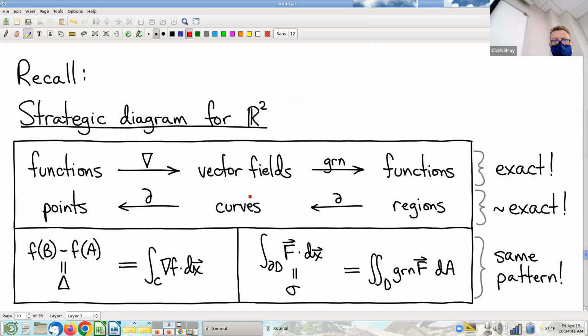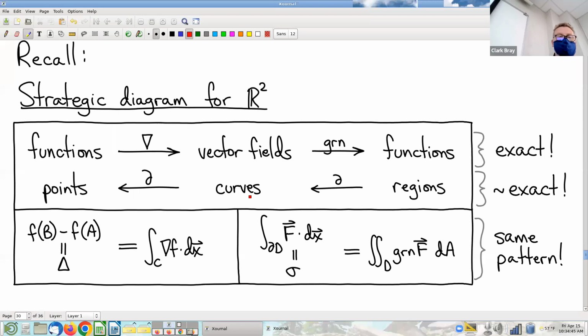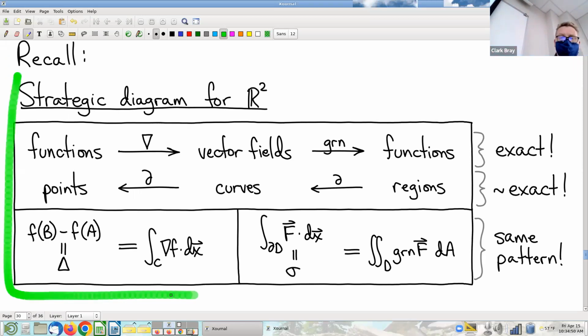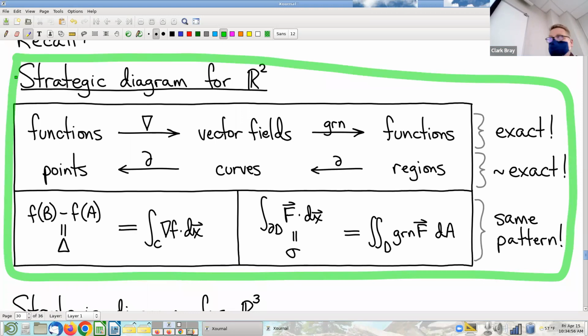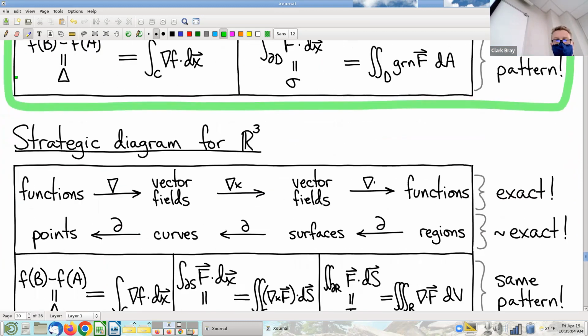So yeah, summary. Somebody in the front asked me about these diagrams, and here's a flashback. Here's our strategic diagram for R2. And remember, this kind of organizes ideas. This creates patterns. And we are now ready to talk about the equivalent organizing strategic diagram for R3.